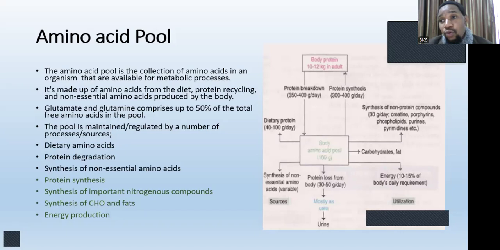So the amino acid pool will increase drastically, and all the amino acids will have to be used for energy production and a lot of things, because there is not much carbohydrate or fatty acid. So the amino acid will be converted to glucose for energy production, and to glycogen. It can also be converted to fat and ketone bodies for energy storage.